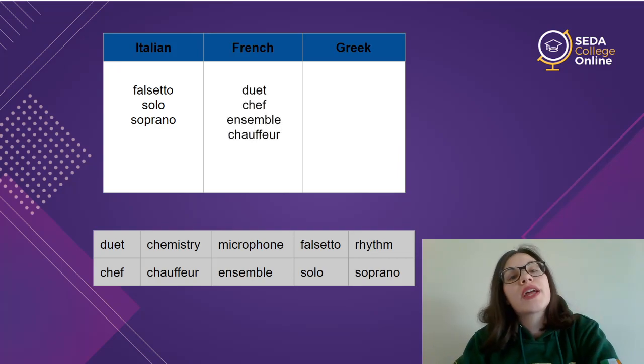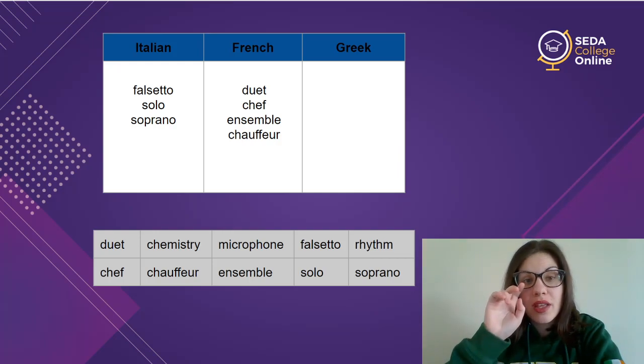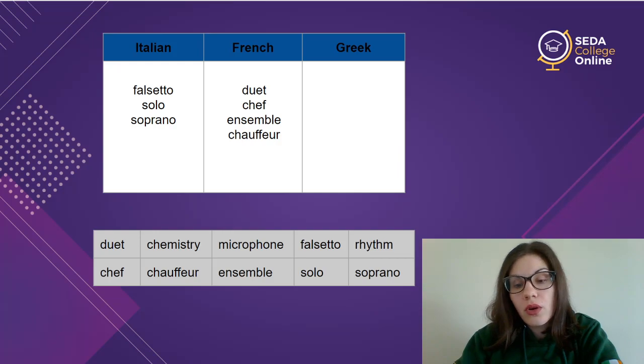Then we have the French: duet, like ballet, okay, duet. So the T is not clear in your pronunciation, it's almost silent. Chef, you see the sh, another common element, okay? So an English word like church would be pronounced with ch.